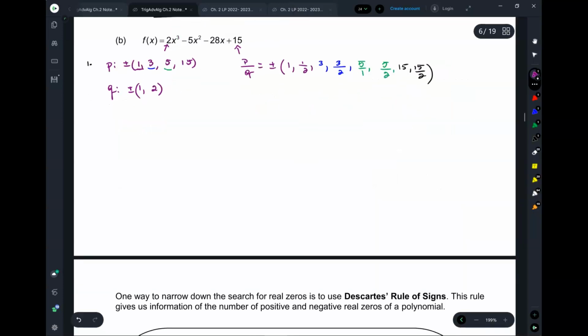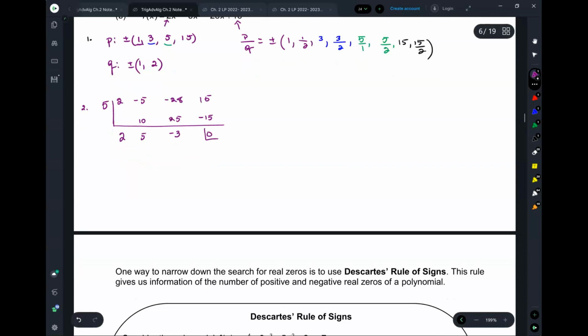So we're going to do synthetic substitution with the 5. 2, -5, -28, 15. Okay, 2, 10, 5, 25, -3, -15, 0. You have to get a 0.